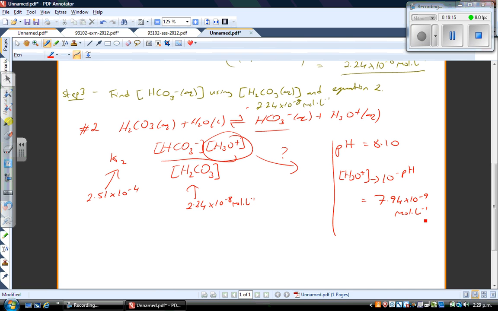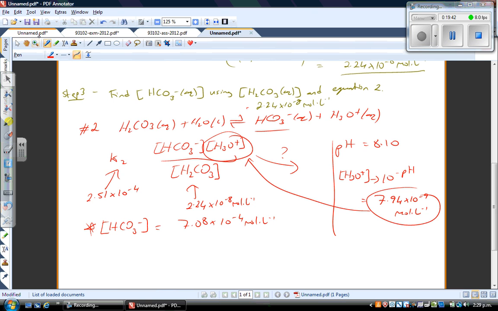Okay, so if you plug all those numbers in, you work out that the concentration of HCO3 minus is equal to 7.08 by 10 to the minus 4 moles per liter. So that's your H3O plus concentration that went in there. So you put all those numbers in and rearrange the expression, and you get a value for your hydrogen carbonate. So it's 7.08 by 10 to the minus 4.